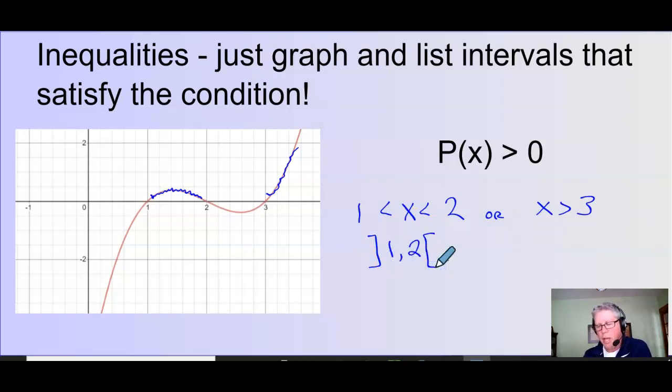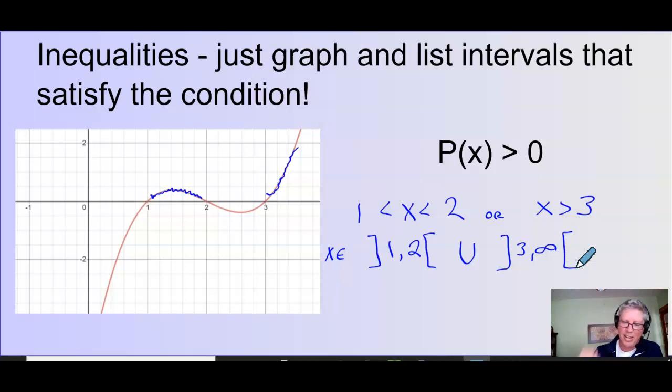Remember that, where x is between, so we'd say x is an element of this interval, from 1 to 2 exclusive, the brackets are facing out, meaning we don't include 2. Union is or, x is greater than 3, so that interval would look like 3, comma, infinity, and we never can include infinity. Been a while, huh? All right, you're welcome.